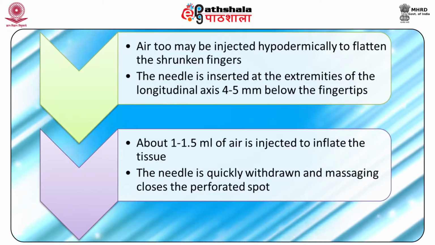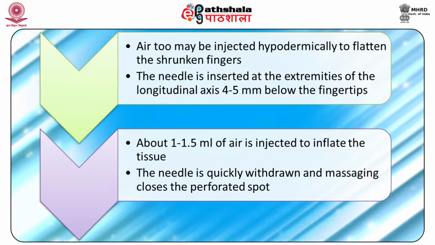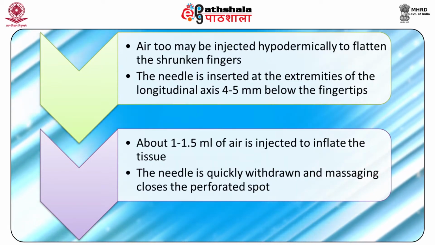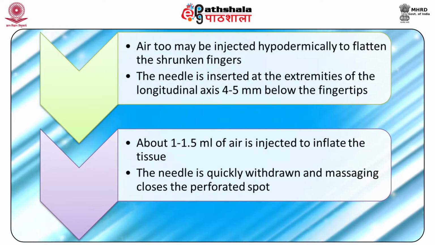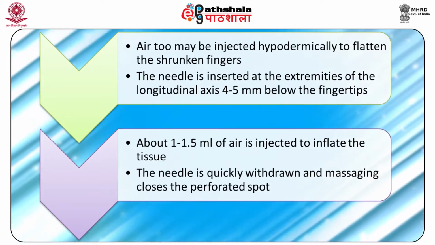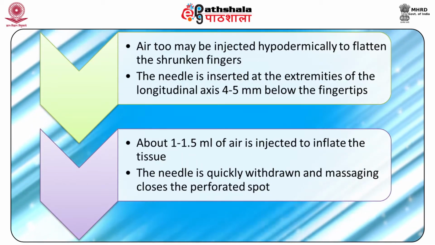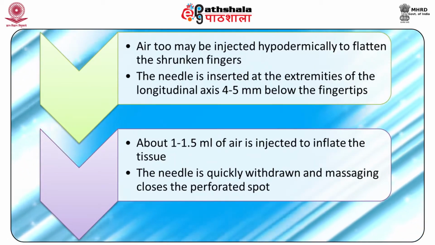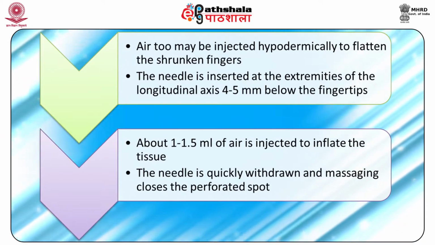Air too may be injected hypodermically to flatten the shrunken fingers. The needle is inserted at the extremities of the longitudinal axis of the finger, about 4 to 5 millimeters below the fingertips, and about 1 to 1.5 ml of air is injected to inflate the tissue.